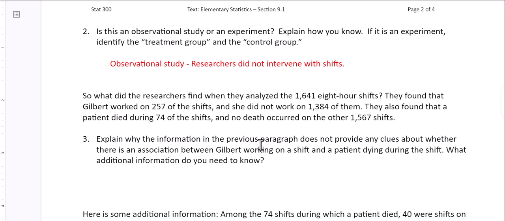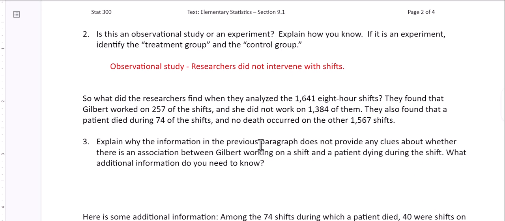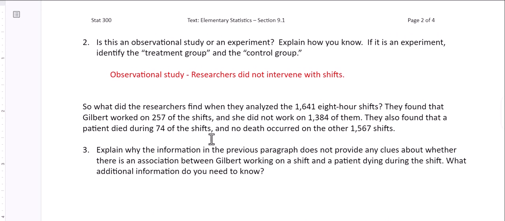Explain why the information in the previous paragraph does not provide any clues about whether there is an association between Gilbert working on a shift and a patient dying during the shift. What additional information do you need to know? Let's look at the information given again. Of all the shifts, it was found that she worked on 257 of the shifts, and they also found that a patient died during 74 of the shifts.